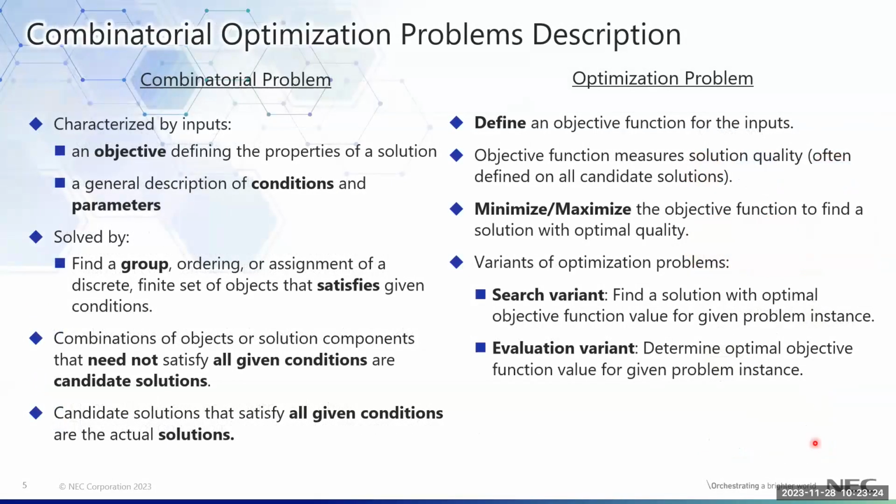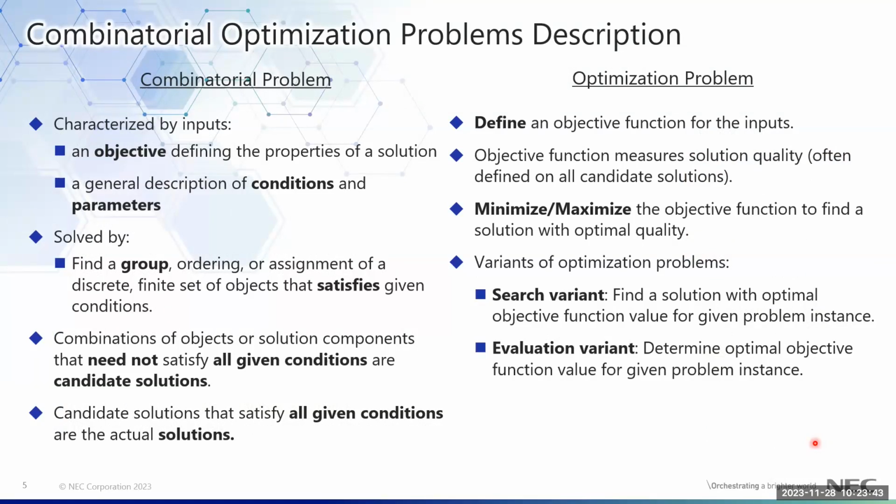So let's talk about what a combinatorial optimization problem is. The idea of a combinatorial optimization problem comes from the fact that we are using quantum annealing to solve combinatorial optimization problems today.